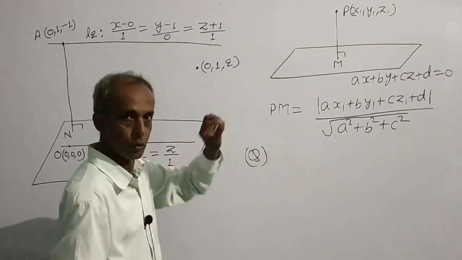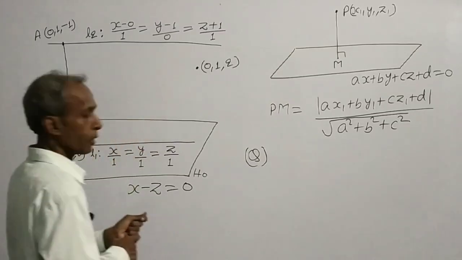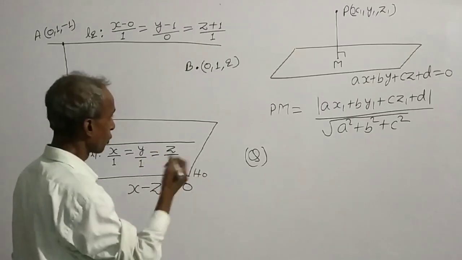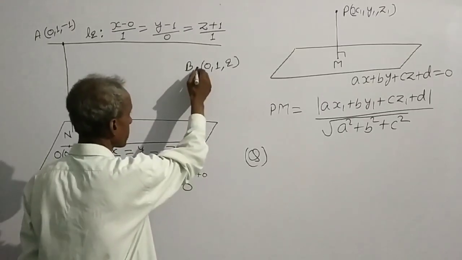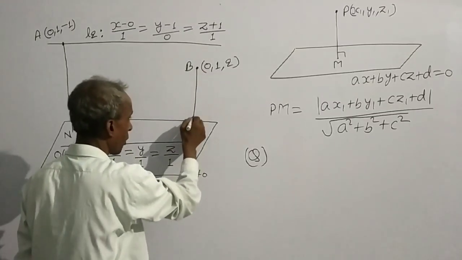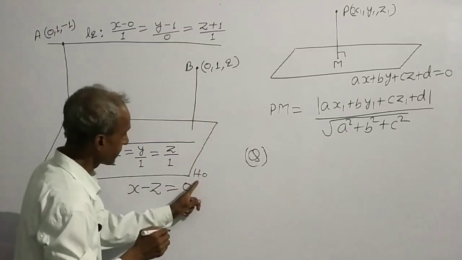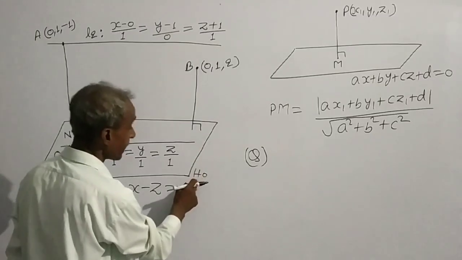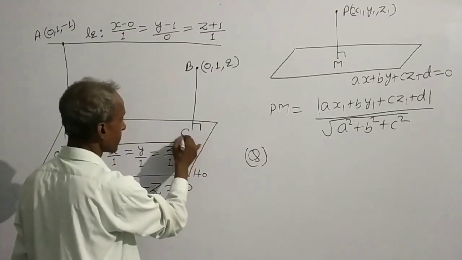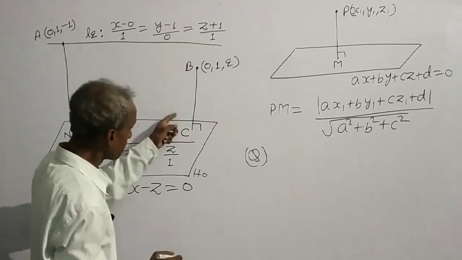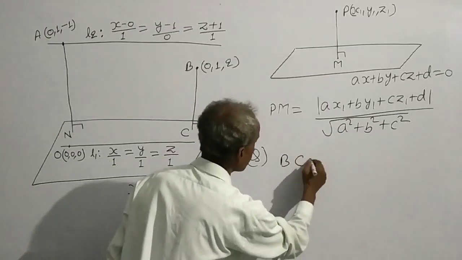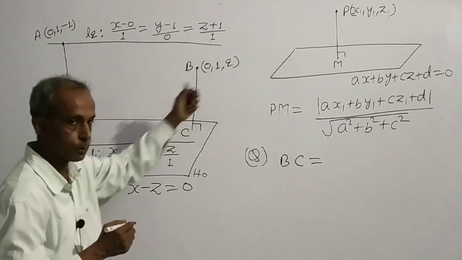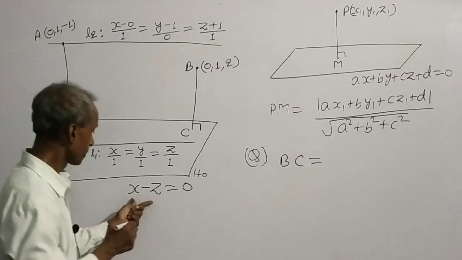0, 1, 2 is a point. We suppose this point is B. And we also suppose that when we draw a perpendicular from B onto this plane H0, it meets this plane H0 at point C. Then BC will be equal to, put coordinates of this point in place of x, y, z.